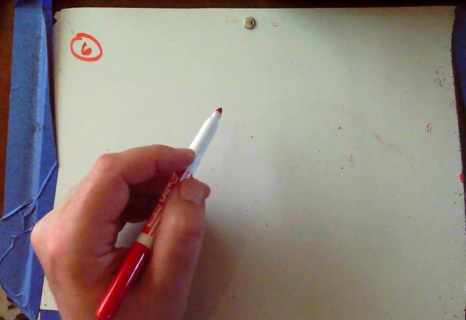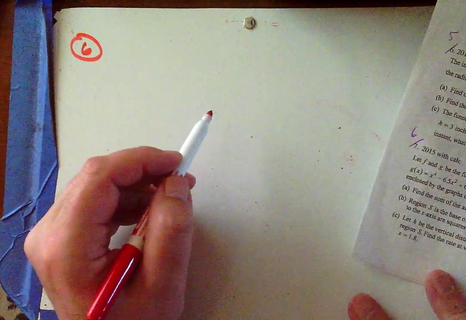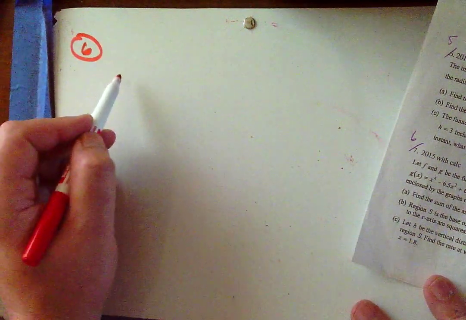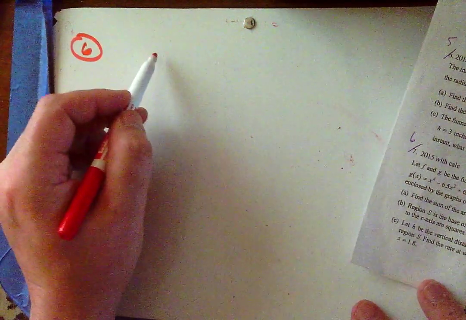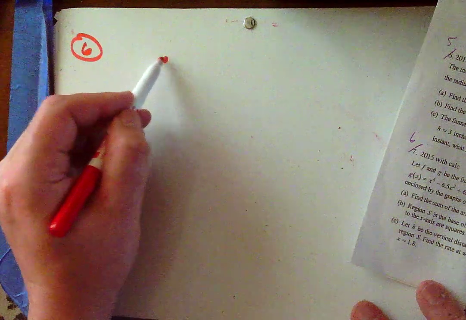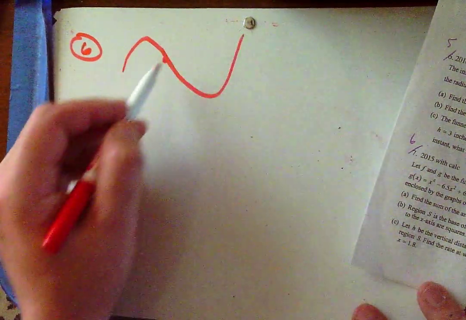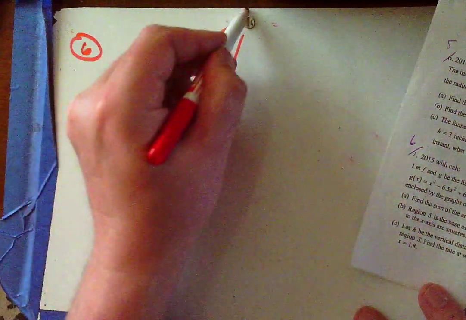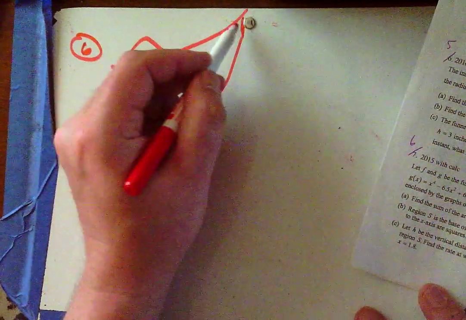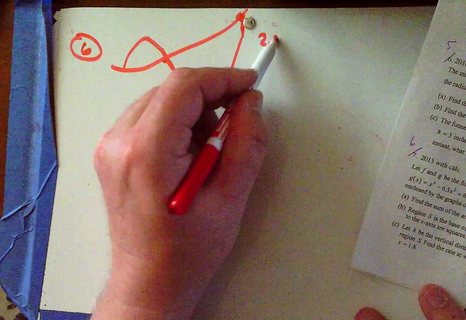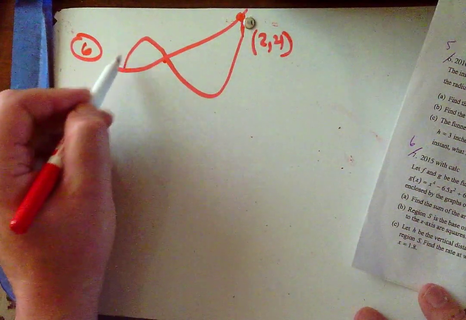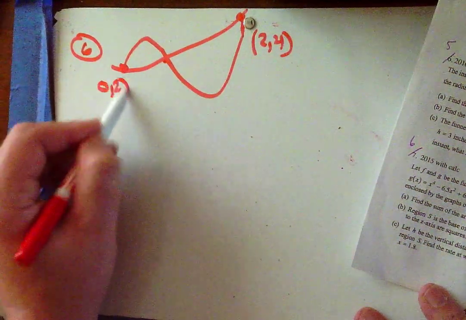Part A, the sum of R and S areas. Okay, so the first thing I need to do is find that point of intersection between these two curves. They tell me this point of intersection is (2, 4), and this point of intersection is (0, 2).